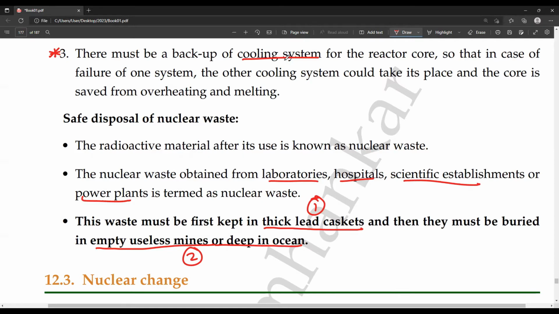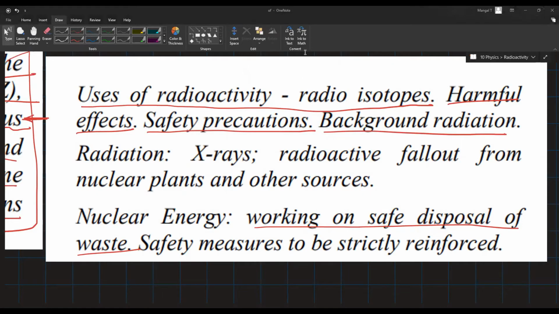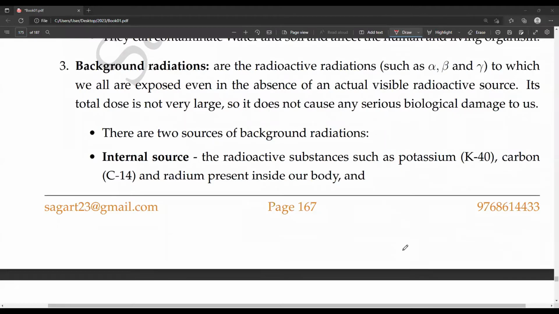Okay. Moving to the next part over here, that is background radiation. What is background radiation? Background radiations are radioactive radiations, alpha, beta, gamma, that we are exposed to without an actual visible radioactive source. That means right now we are in a house and still we can be exposed to these radiations.